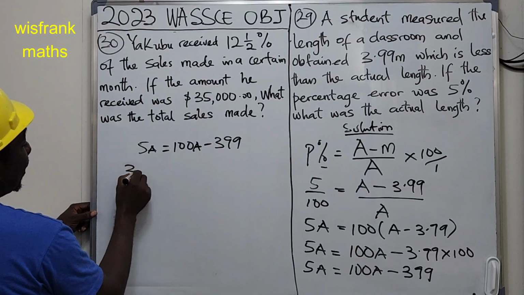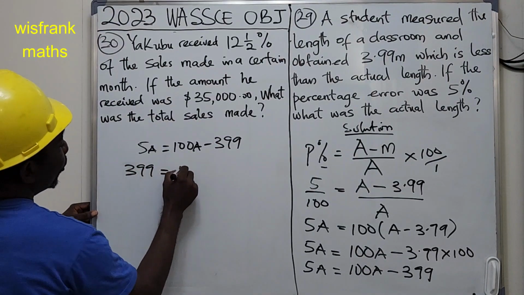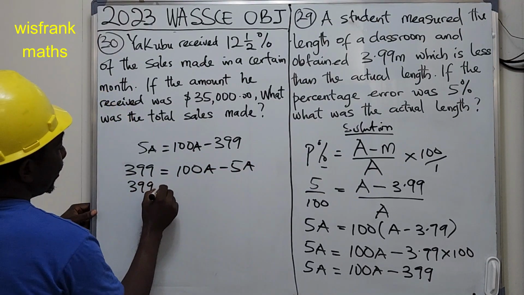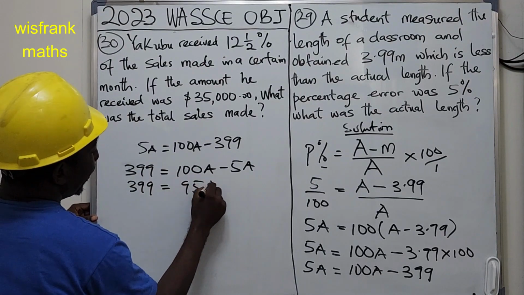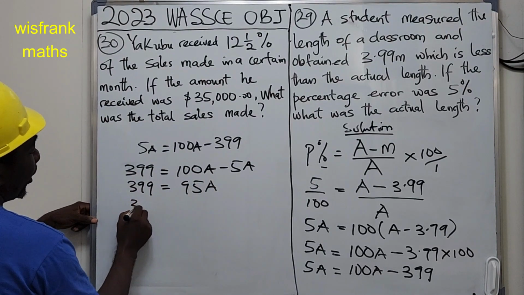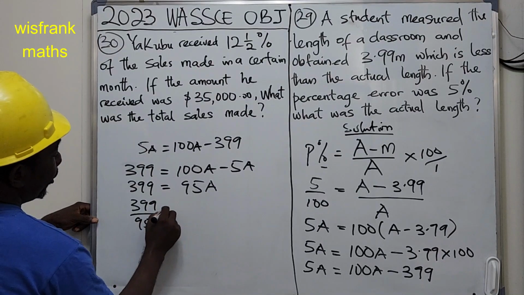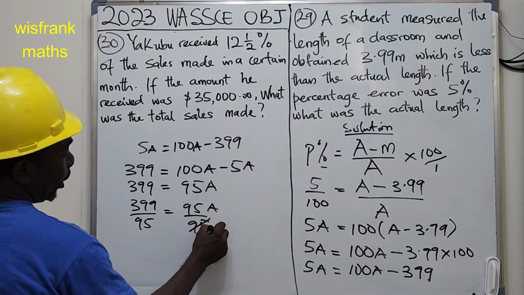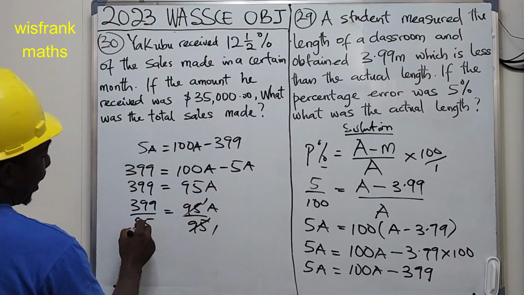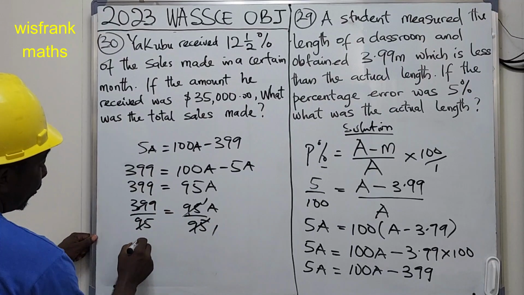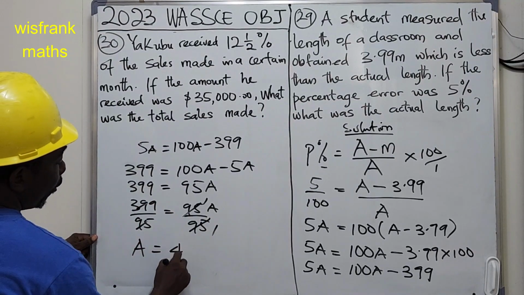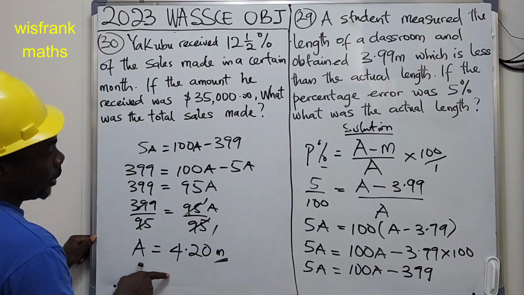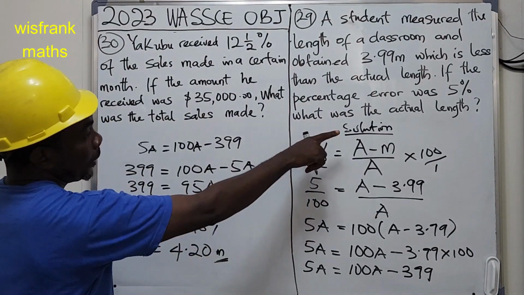This is the same thing as 399 equals 100A minus 5A. So 399 equals 95A. Then A equals 399 over 95, that is 95A all over 95. This will cancel here, and we have A equals 4.20 meters.